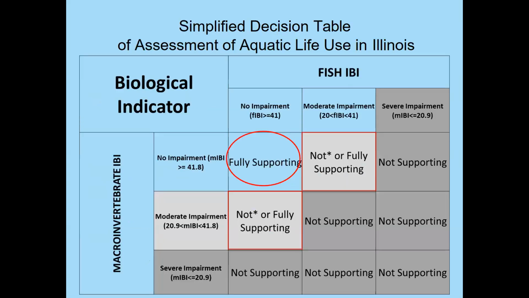So we will be talking about IBIs today. Just a reminder that our support is the product of meeting both the general use category for fish IBI and macroinvertebrate IBI, or having one of those two moderately impaired and the other fully supporting. I'm not going to delve into IBIs, as everyone on the call should be familiar with those items.